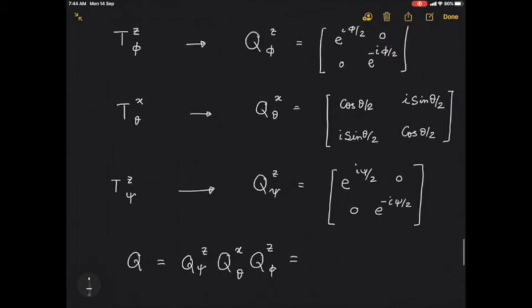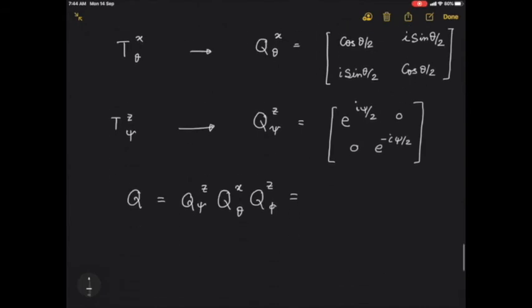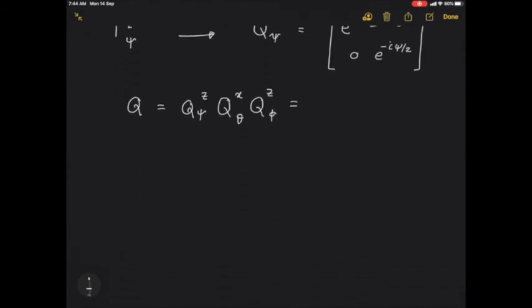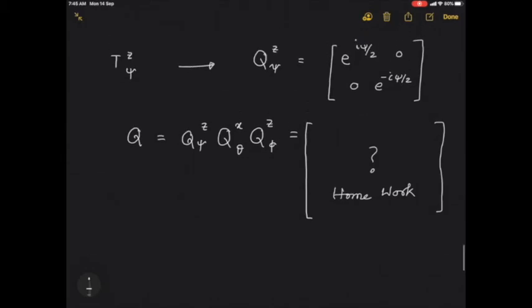Now, because two of them are diagonal, it is a lot easier to multiply and write the Q. You remember how complicated it was, and I did not work it out. I asked you to do it. So I ask you to do it again here. Calculate what this is. But it is a lot easier now.